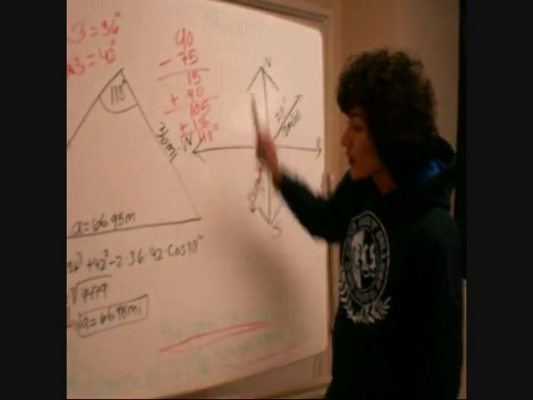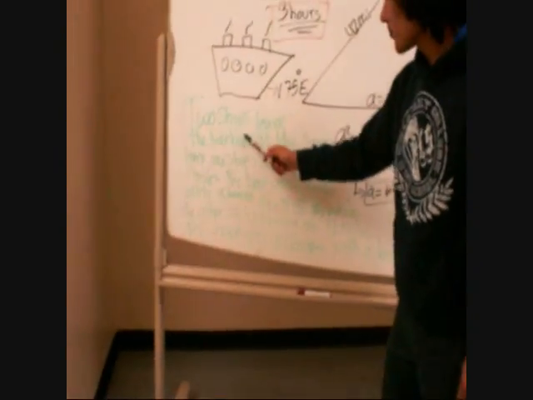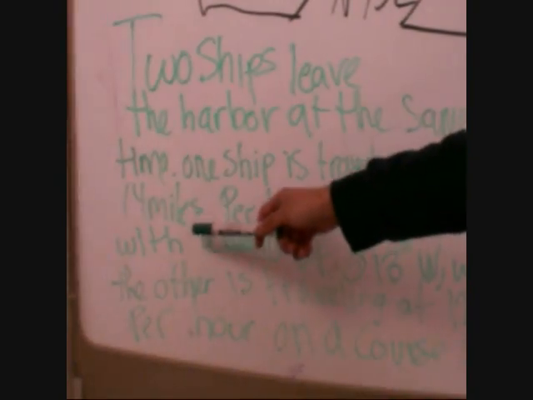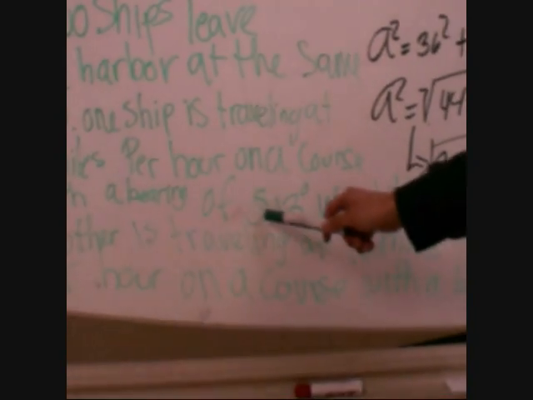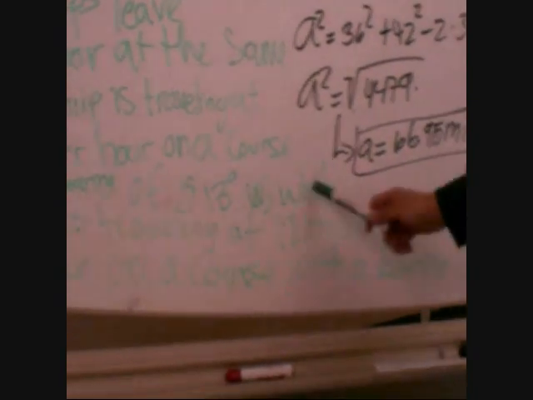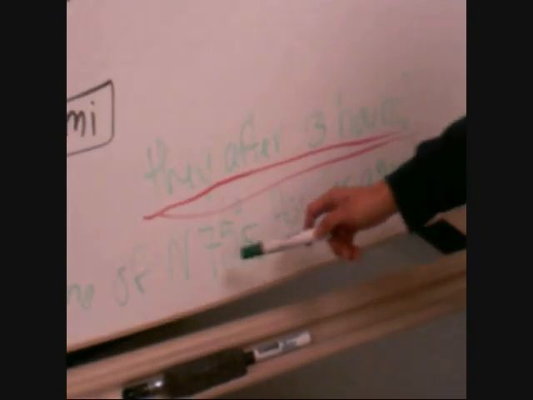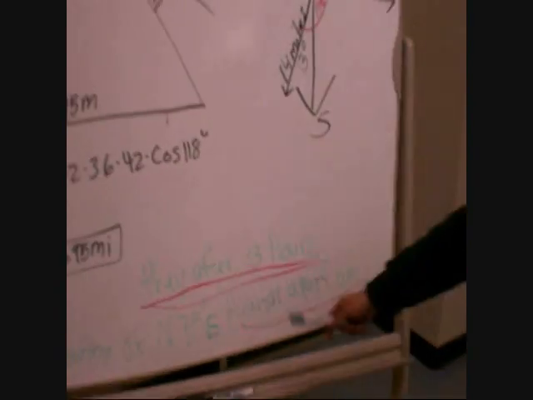This is problem 2, which states two ships leave the harbor at the same time. One ship is traveling at 14 miles per hour on a cruise with a bearing of south 13 degrees west, while the other is traveling at 12 miles per hour on a cruise with a bearing of north 75 east. How far apart are they after 3 hours?